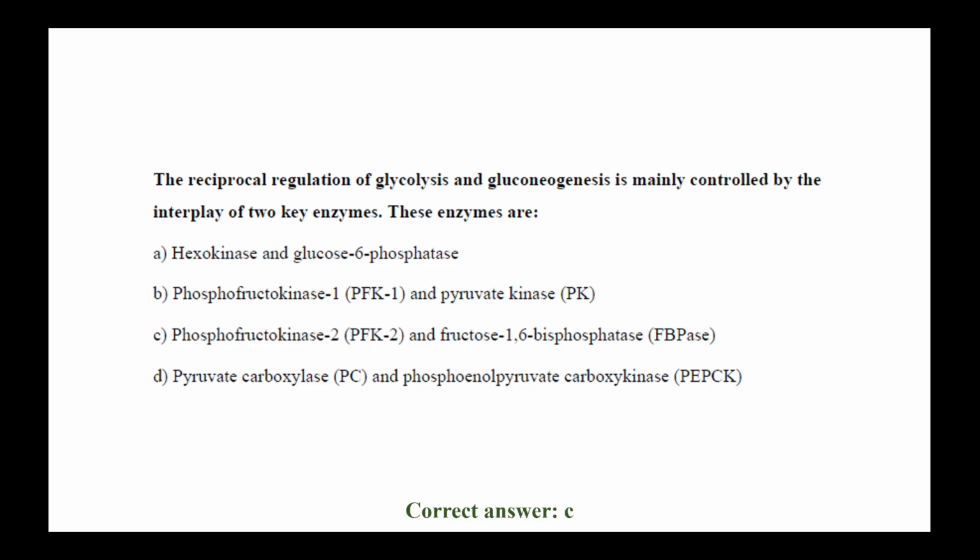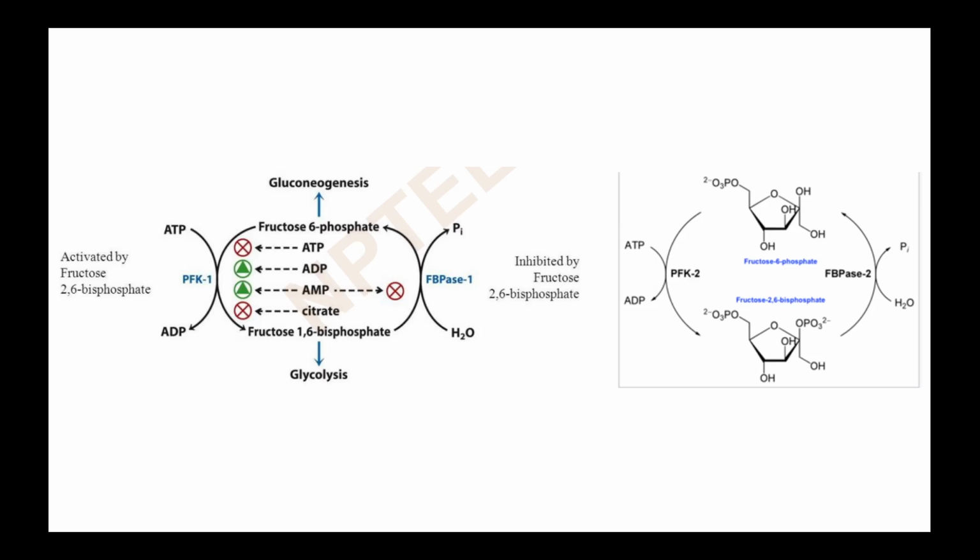And the reverse reaction that is required in gluconeogenesis, we have fructose 1,6 bisphosphatase that converts fructose 1,6 bisphosphate to fructose 6 phosphate. So here you can see fructose 1,6 bisphosphate will go into glycolysis and fructose 6 phosphate will be towards the gluconeogenesis pathway, right?